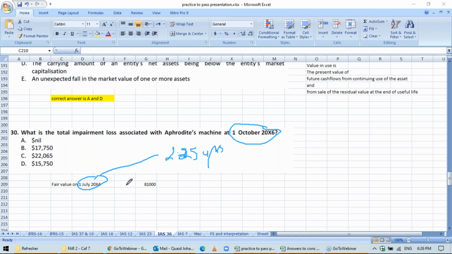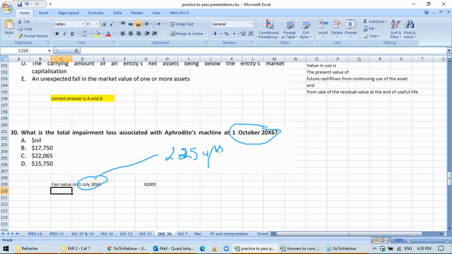We are now talking about the value after 2.25 years. So first we will calculate the depreciation for the 2.25 years before we move on to the impairment loss calculation. Every time we need to calculate impairment, first we will calculate the carrying value and then compare the carrying value with the recoverable amount.